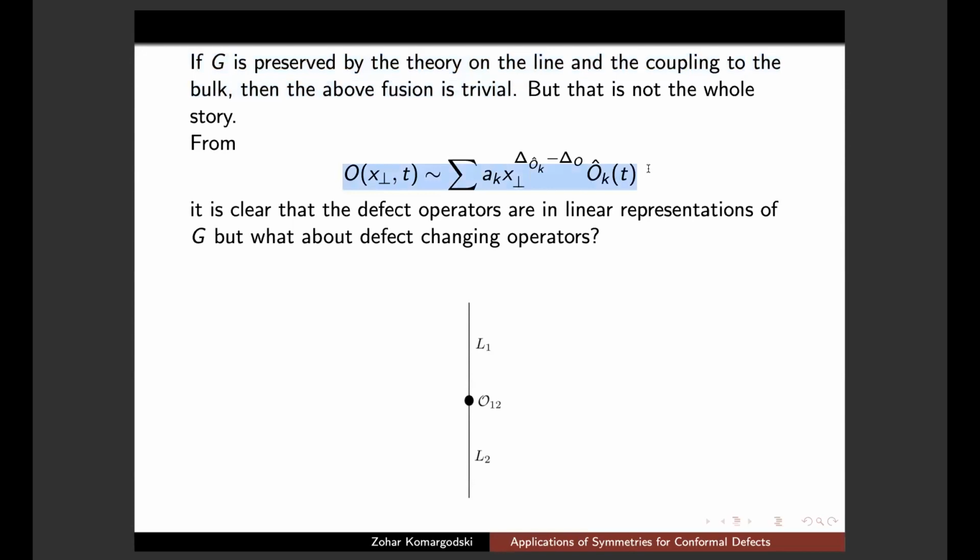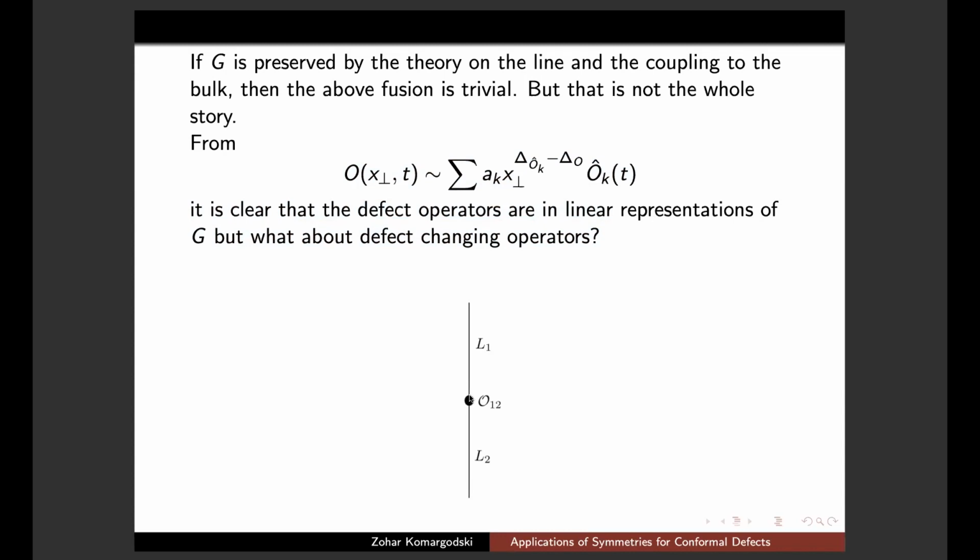From the operator product expansion of bulk operators in terms of defect operators, it is very clear that defect operators are in linear representations of the symmetry G, which is also true for bulk operators. So the defect operators, or the impurity operators, are in linear representations of G. But what about defect changing operators?